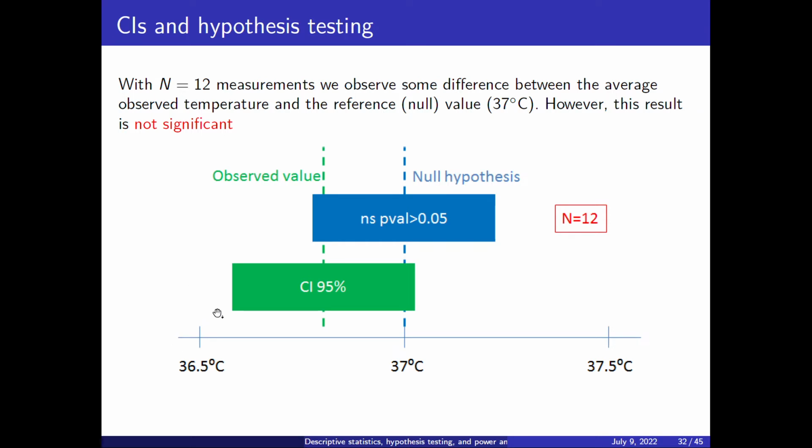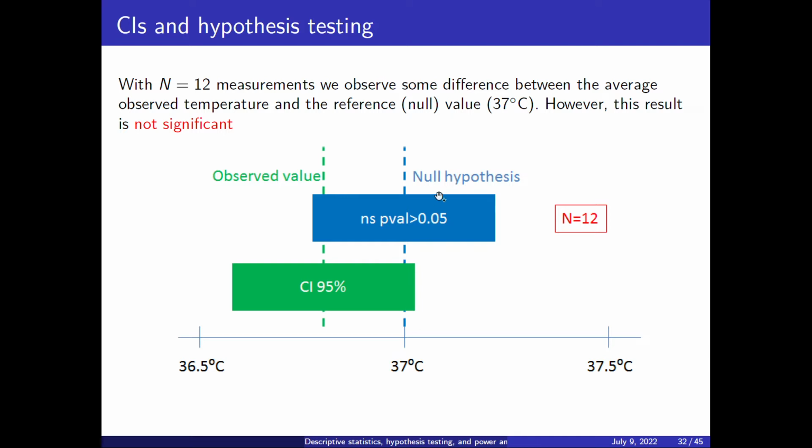Now we construct a confidence interval on this 36.8. Because this confidence interval contains the 37 degrees, the reference value of the null hypothesis, we cannot reject the null hypothesis.